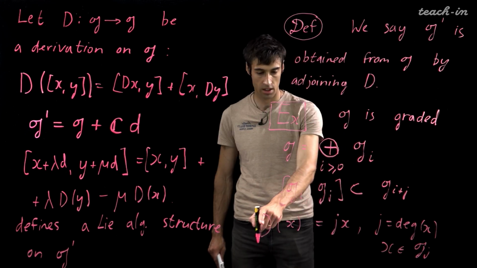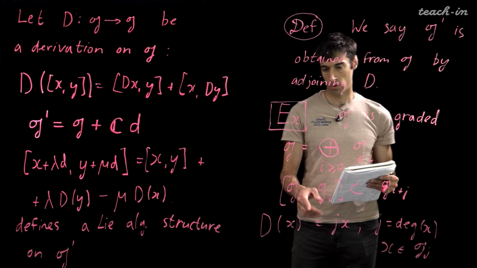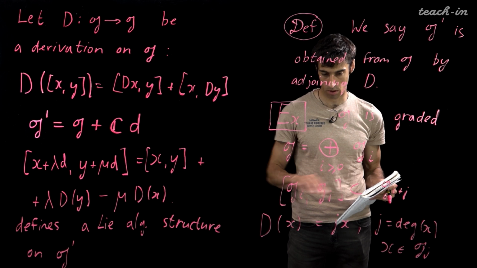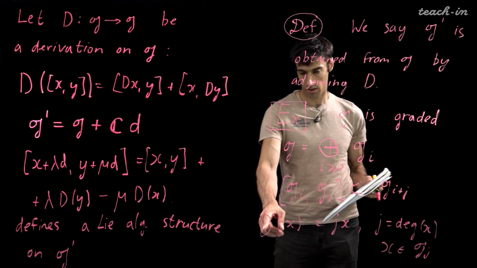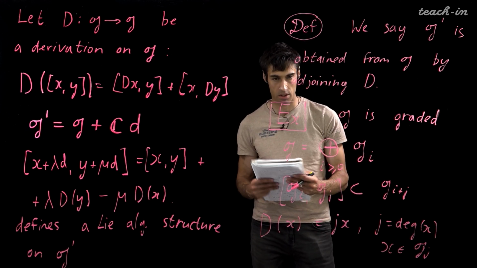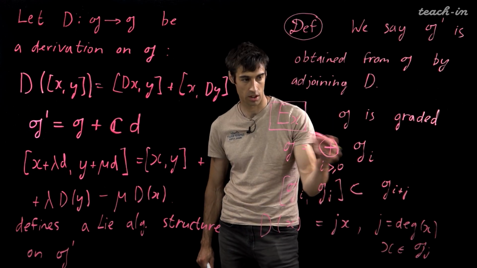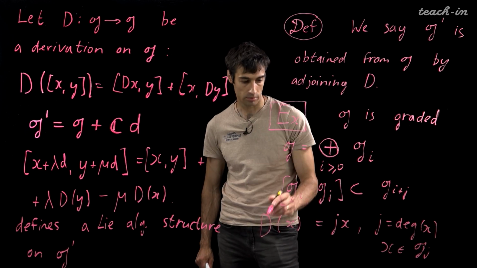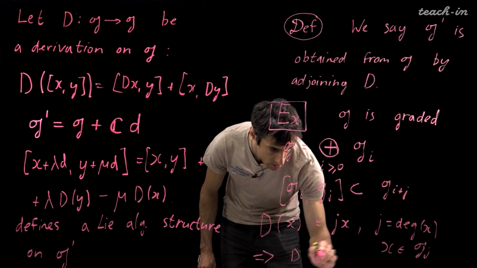Of course, I define it only on what are called homogeneous elements, which belong to each subspace. But of course, by linearity, I can define this as a linear map on G. And the claim is that such D is a derivation, and I can adjoin it to make a new Lie algebra G prime. So then D is a derivation.